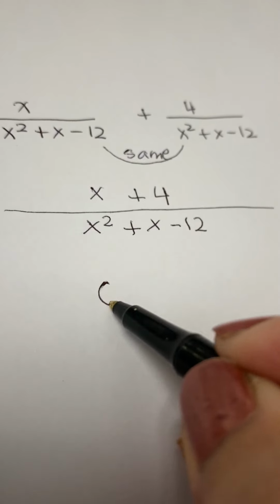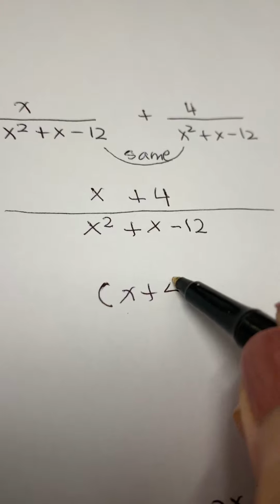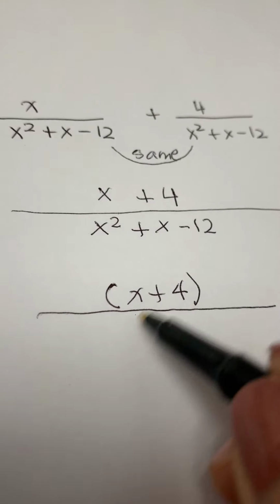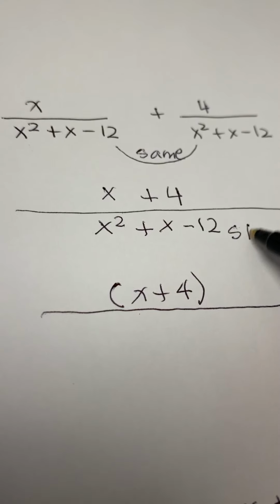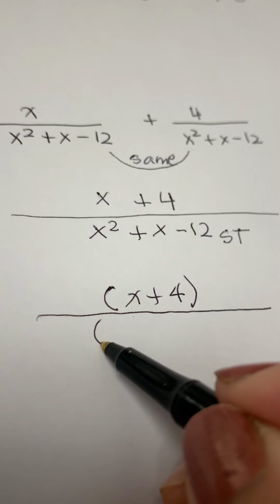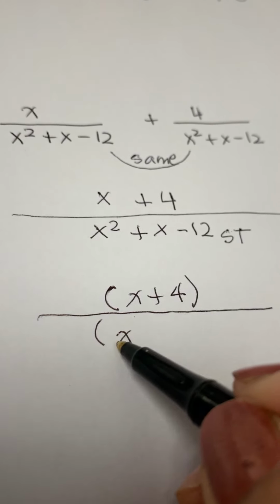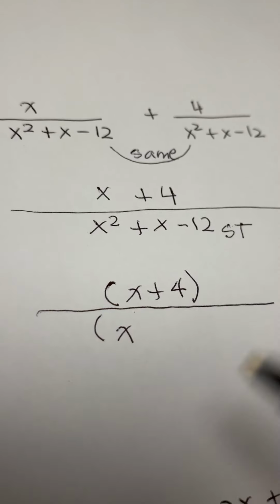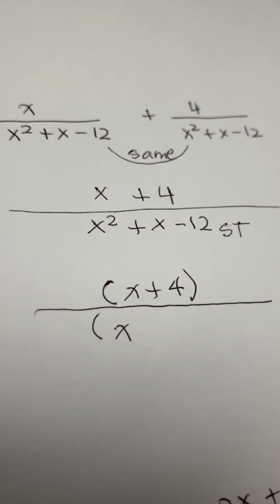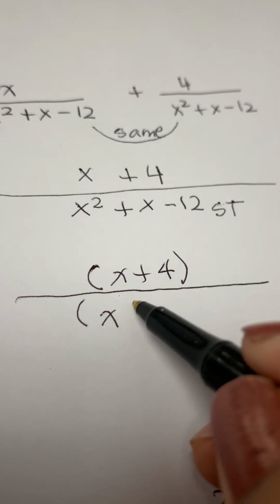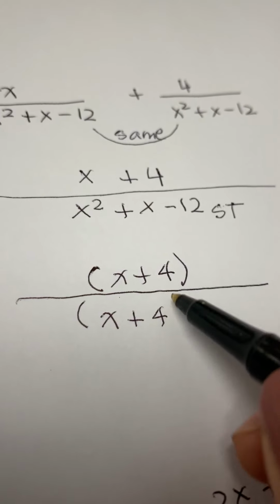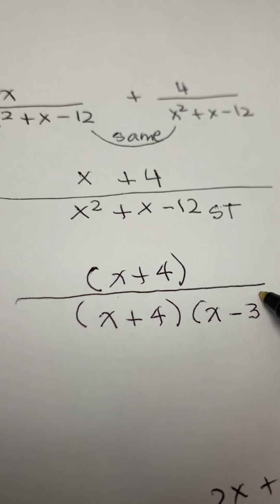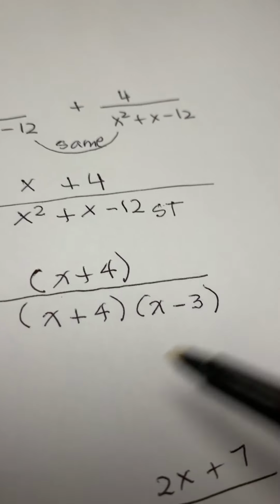So hopefully there is a common factor between the numerator and the denominator, so we can simplify further. So this is a simple trinomial. So you will ask yourself what two numbers add to 1 and multiply to -12. So you're going to have x plus 4 and x minus 3. Always check your factoring by multiplying them back or doing FOIL.